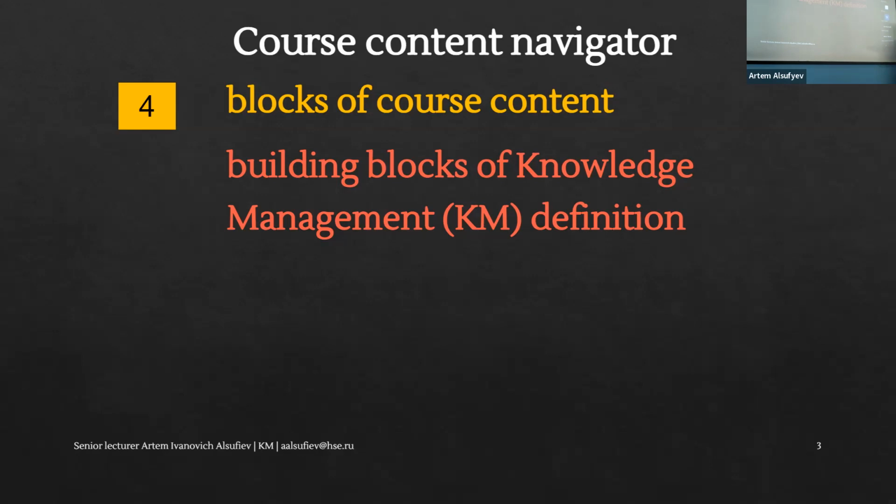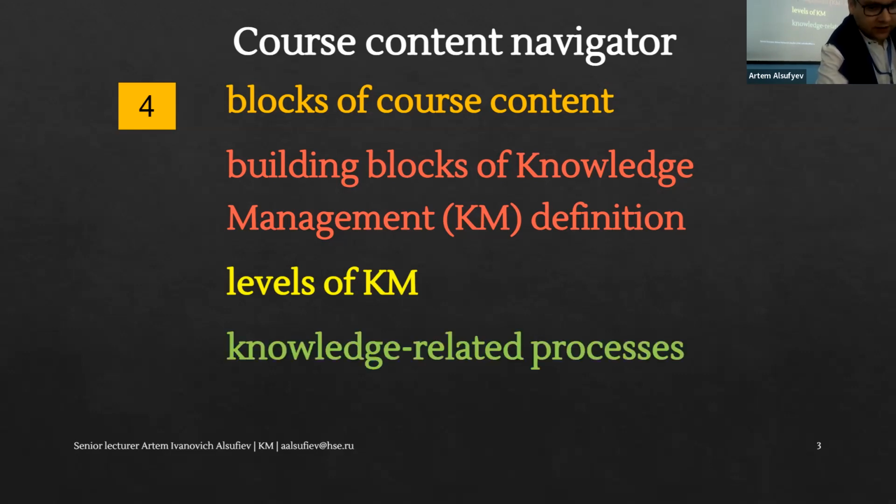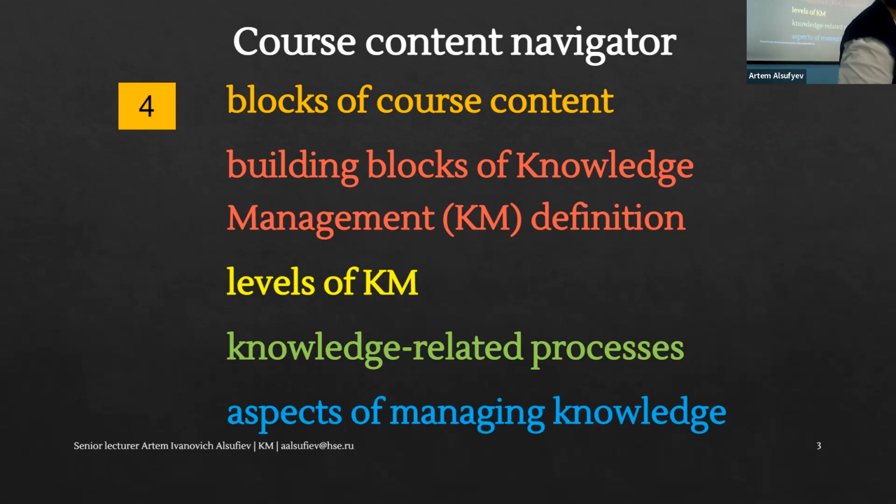If these objectives differ, and we're going to discuss them, then the knowledge management strategies, ways of managing knowledge, could be different. And today we will discuss different knowledge management aspects: 3 levels of analysis: individual, group, organizational; 3 knowledge related processes; and 5 aspects of managing knowledge. They are over here. So these are 5. Okay.